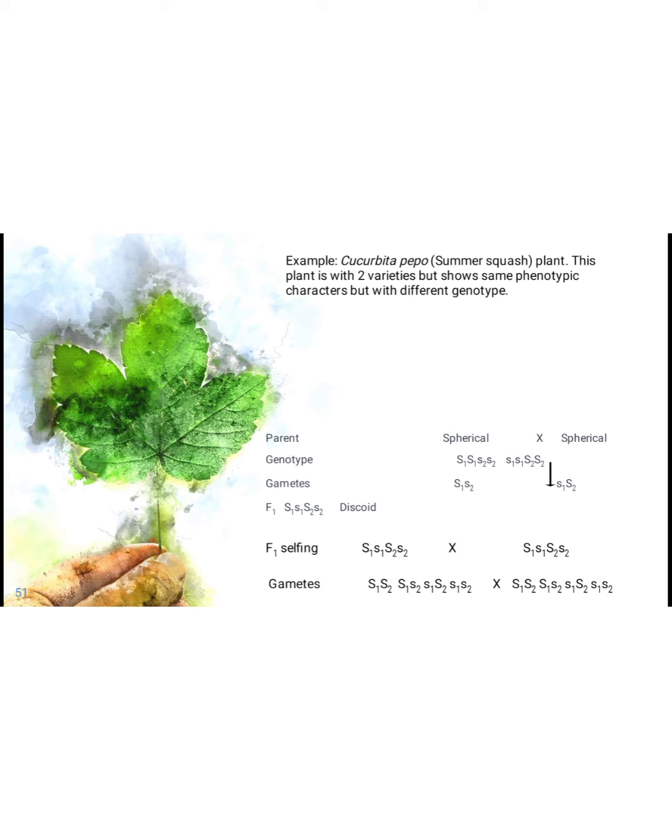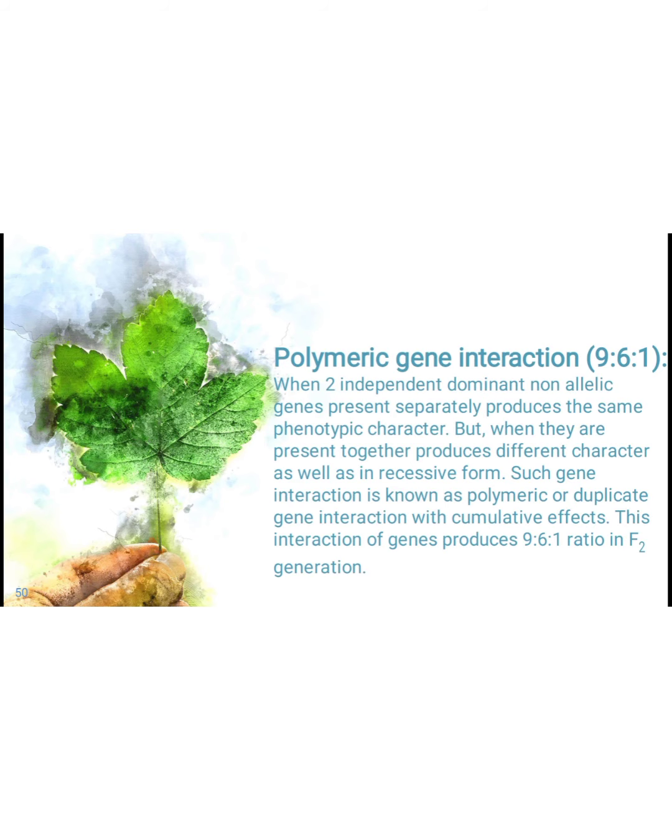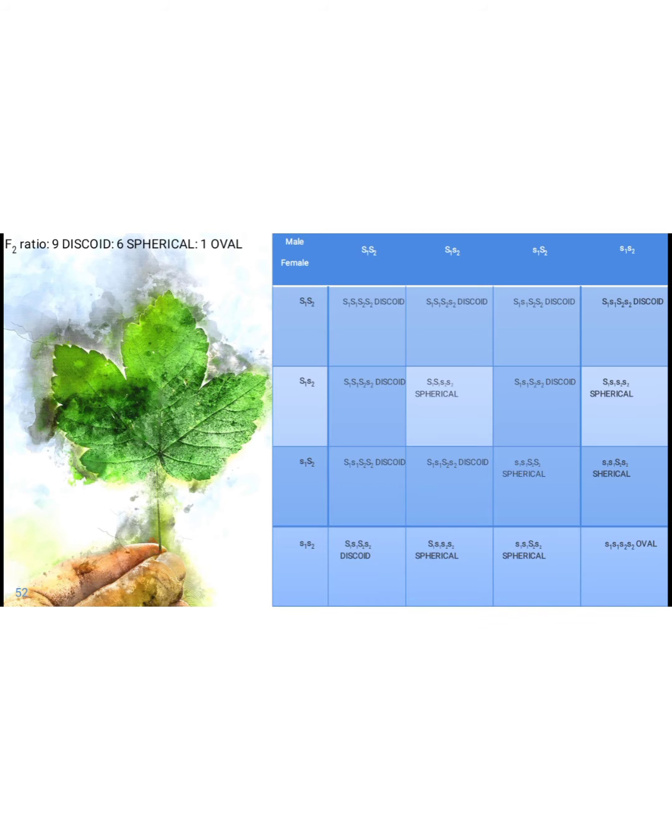When crossing is done between the two varieties, a new variety or new character is expressed, that is S1 s1 S2 s2, a mixed genotype, which produces the discoid variety. Then the two F1 plants are crossed for the F2 generation, which produces three types of varieties: discoid, spherical, oval.